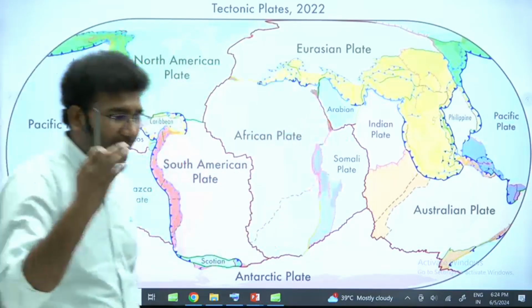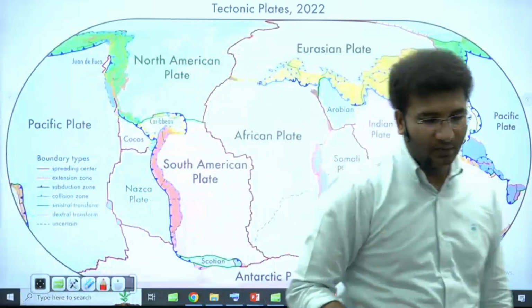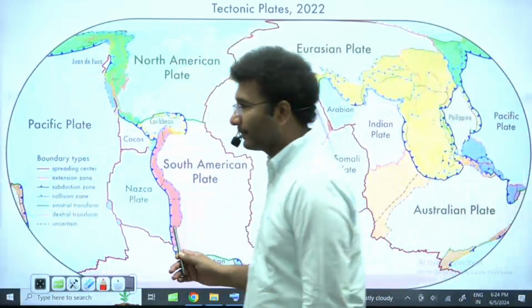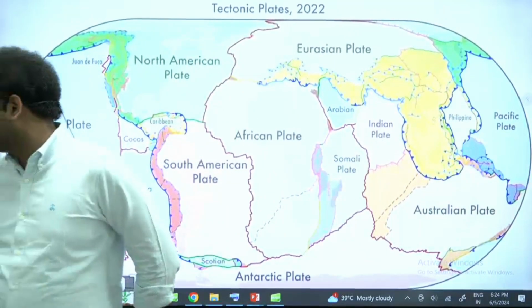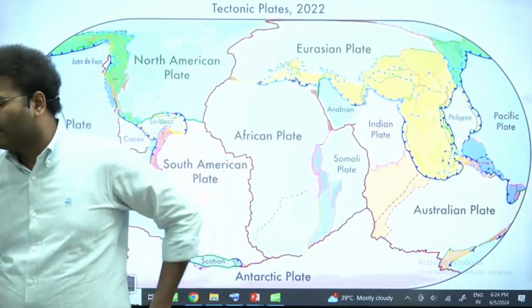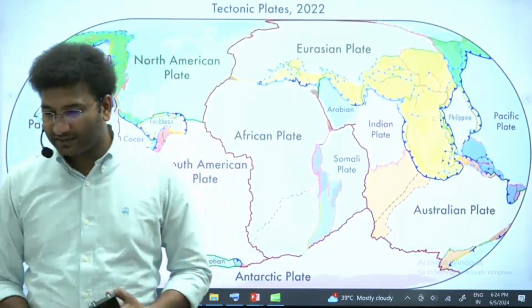So write down the major plates. Number 1, North American plate. Number 2, South American plate. In brackets, write the North American plate.